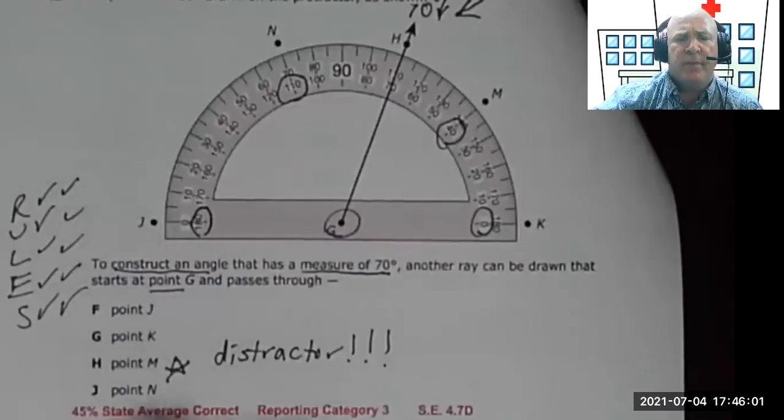So once you figure out what the measure is, make sure you flip that paper around so your students can see, regardless of which way you turn it, the measure of an angle doesn't change just because it's at a different position on a protractor line. So let me show you how I would best solve this problem.